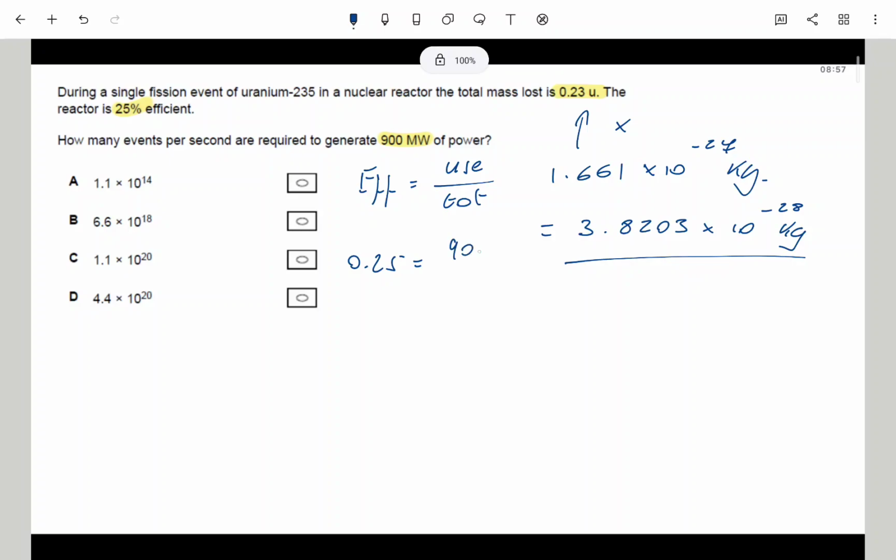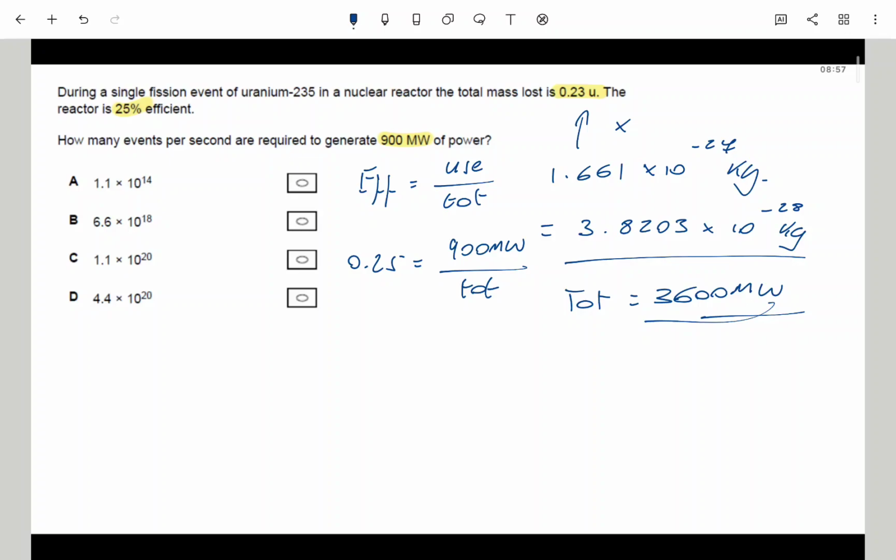So that's going to be 900 megawatts. So to get the total input, and remember that energy is coming from the fission events, you need to do 900 divided by 0.25, a quarter. So times that by 4. So the total energy from the fission will be 3,600 megawatts. So there's an extra step there.